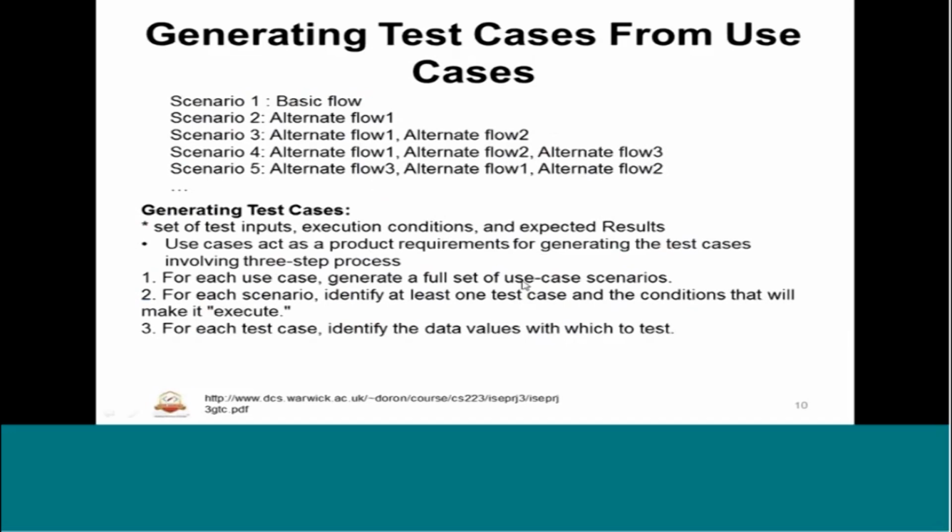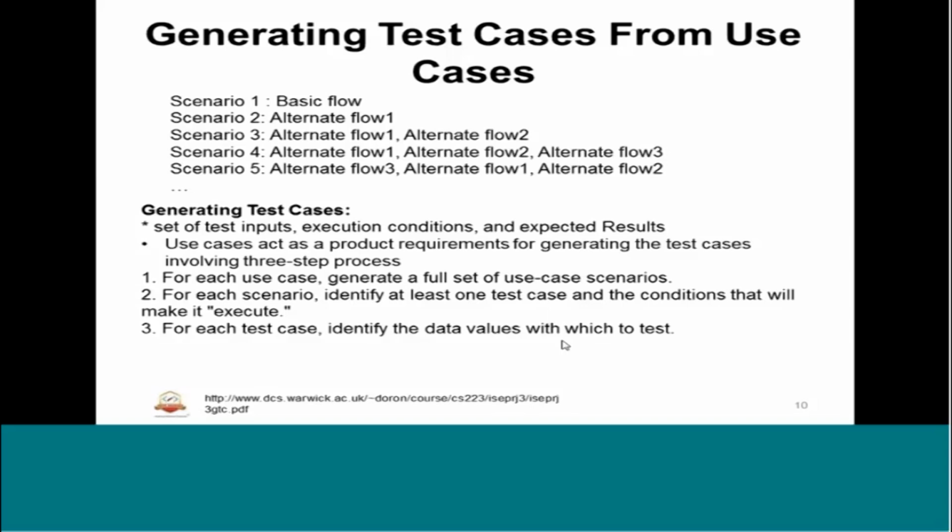For each use case, generate a full set of use case scenarios. For each scenario, identify at least one test case and the conditions that will make it execute. And for the test case, identify the data values, that is the objects or the inputs with which we are going to test it.